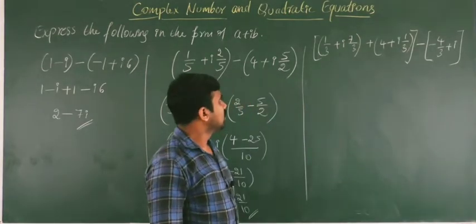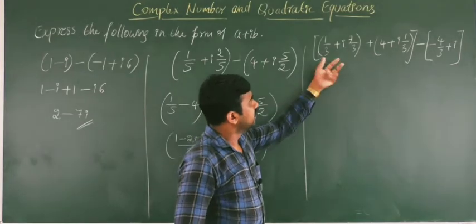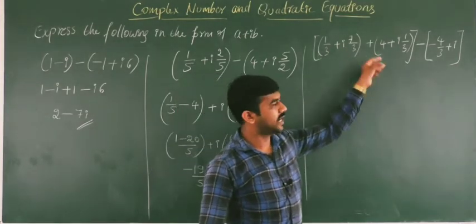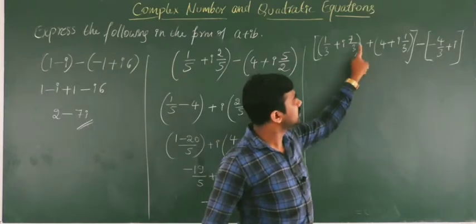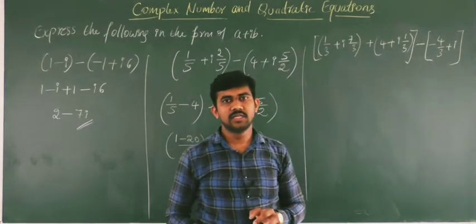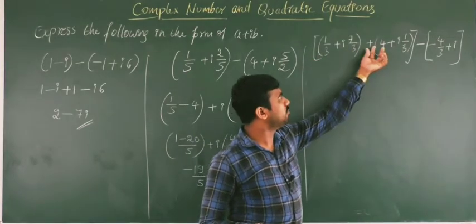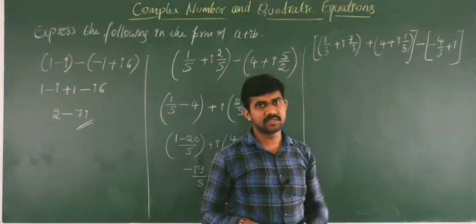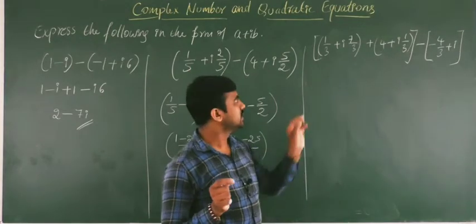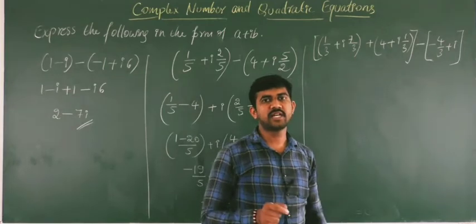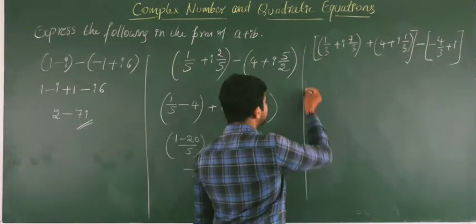Okay, now they have given three complex numbers, and you have the operations here, addition and subtraction. First, inside the square bracket you have the addition of two complex numbers. First do that, solve the terms inside the square bracket. So what will we get?